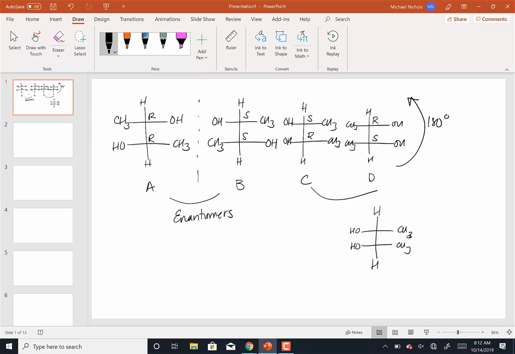So if I rotate that 180 degrees, that's what I get. Now, I still have my bold and dashed wedges in the same place because all I did with that molecule is I rotated it like that. I didn't rotate it like this. If I rotated it that way, through the plane, then all the bold wedges would be, well, here's the easy way to do that.